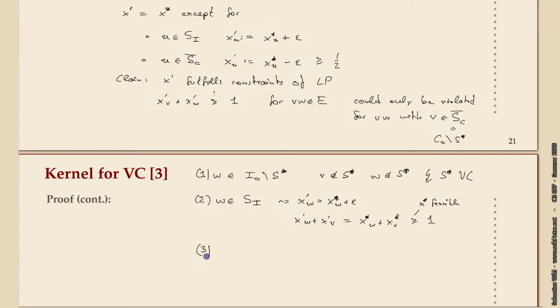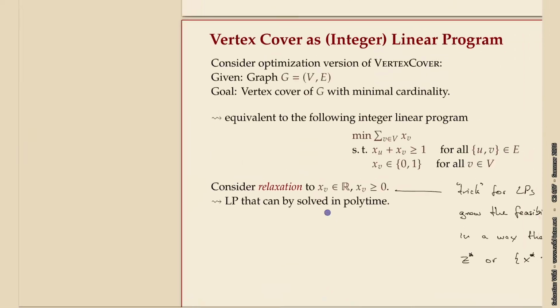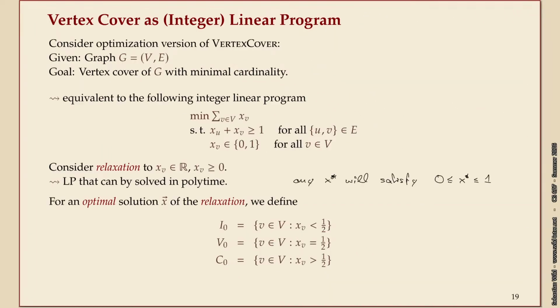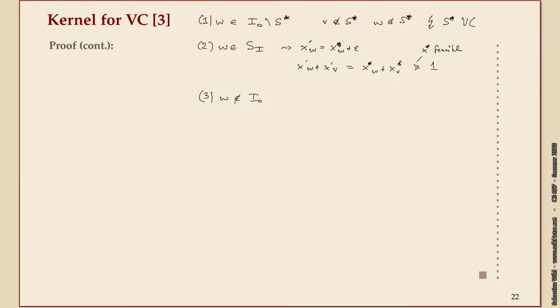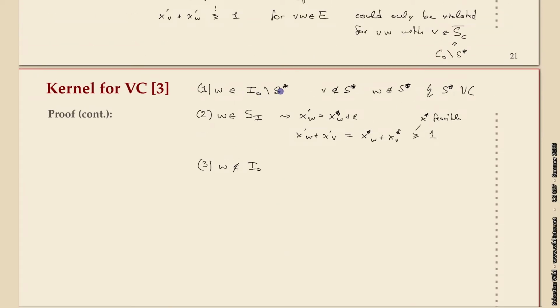So then the third case is that W is not in I0. This was in I0, but not in S. This was in I0 and in S star. And now we have the case it's not in I0.